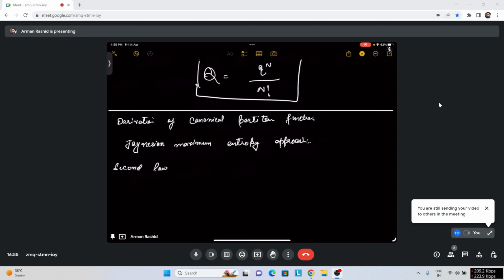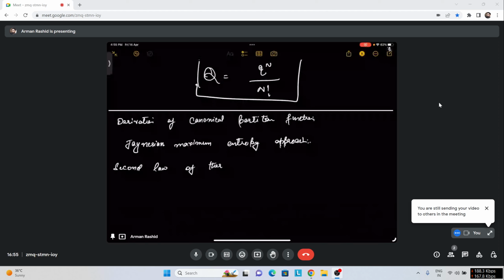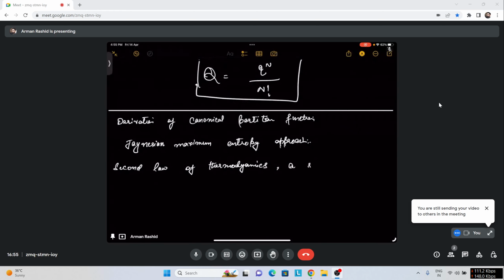If we consider the second law of thermodynamics, a system assumes a configuration of maximum entropy.